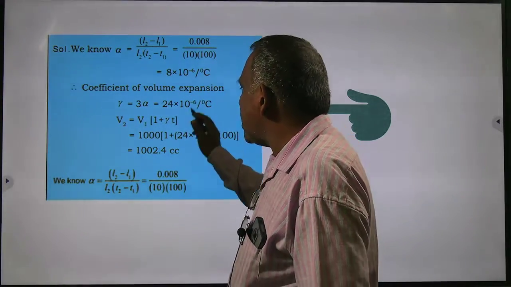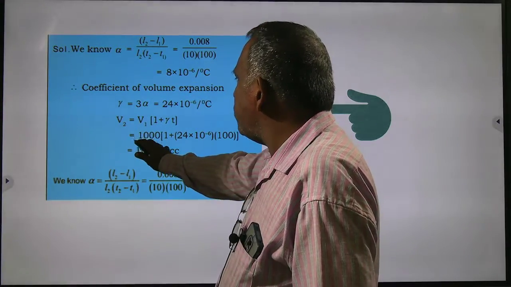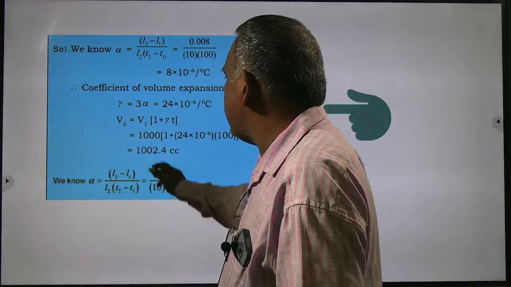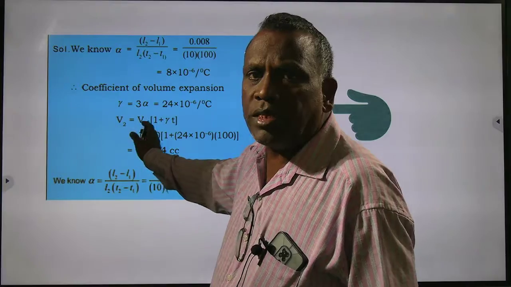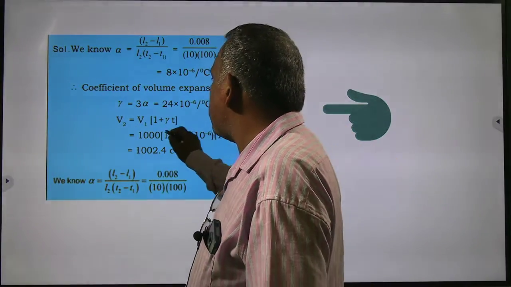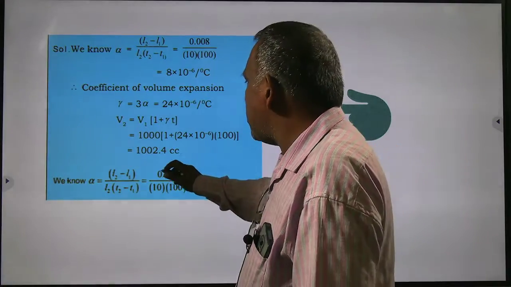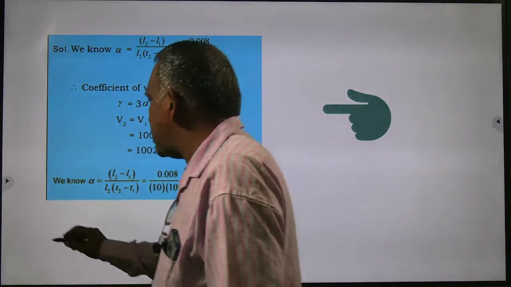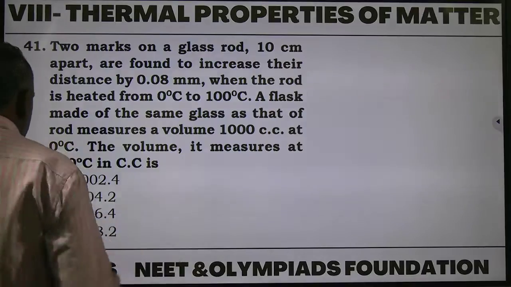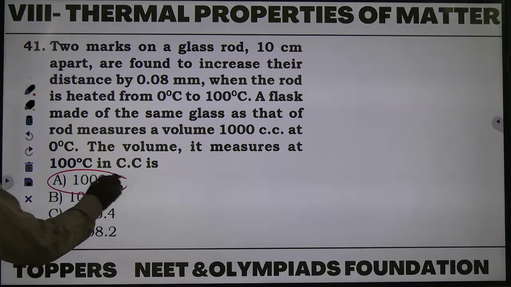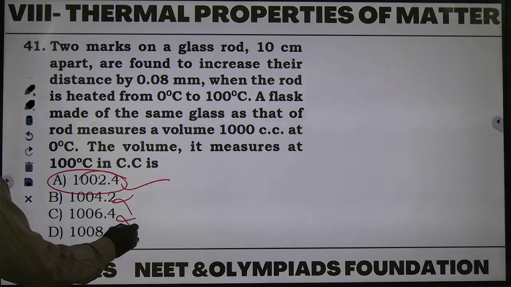After that, the volume at temperature T is V2 equals V1 into 1 plus gamma T, that means 1000 into 1 plus 24 into 10 power minus 6 into 1000, which becomes 1002.4 cc. That is the answer, option A is correct. The remaining options are wrong.